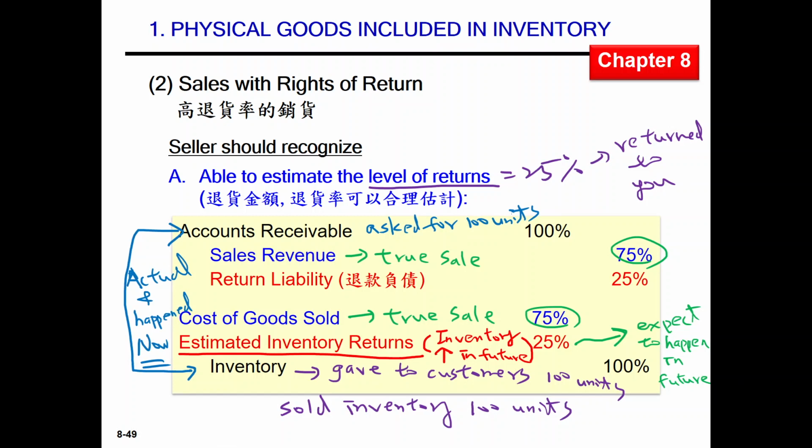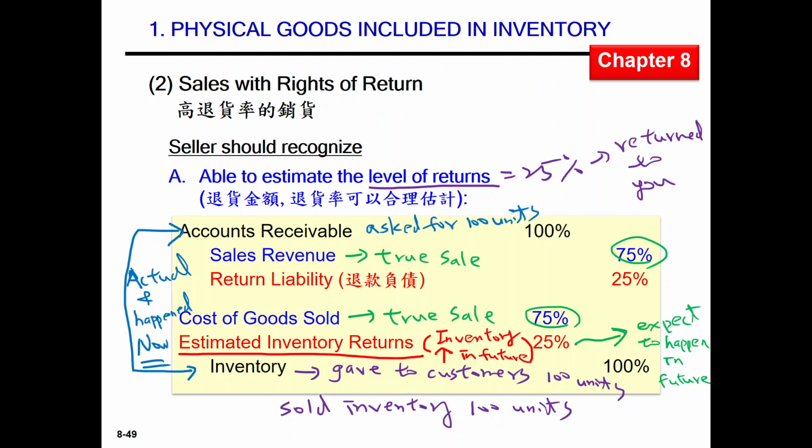Any questions? So when a customer returns 25% to you, you get the inventory in the future. If that happened, could you ask the customer to pay you 100%? No, you cannot, right?